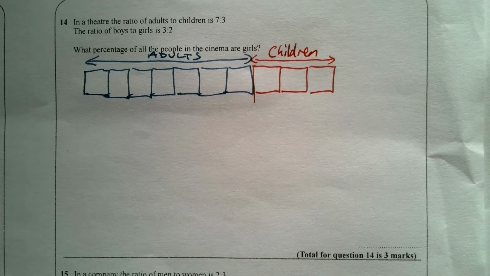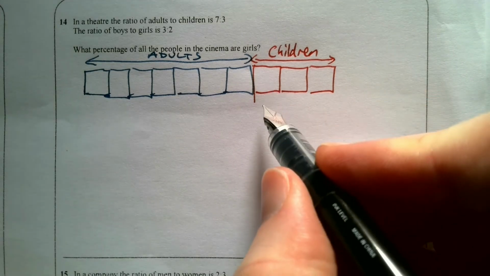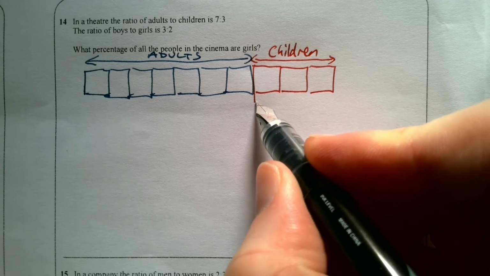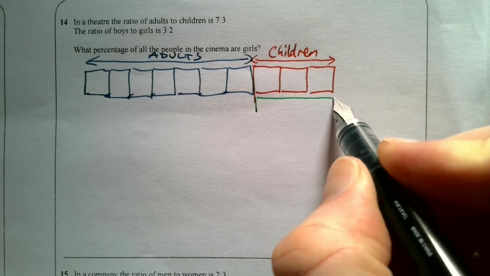The ratio of boys to girls is 3 to 2. So within this area that is boys and girls, we've got 3 to 2 boys to girls. So that's going to be this same distance here.